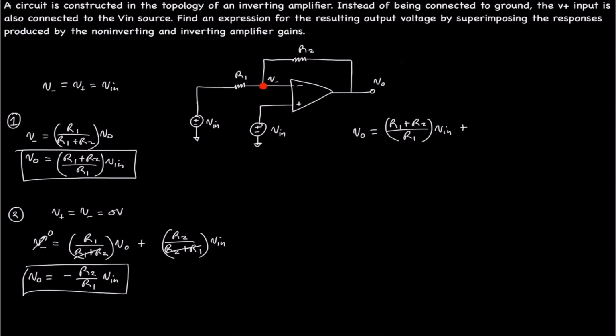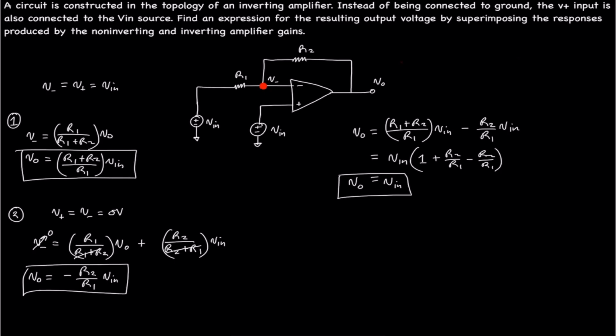Superimposing means adding, so we add the output from the inverting, which is negative R2 divided by R1 times V in. We can factor out V in: R1 divided by R1 is 1, and R2 divided by R1 minus R2 divided by R1 cancels. Basically, we see that V out is equal to V in.